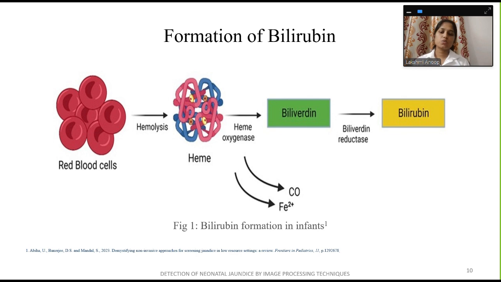The heme interacts with the macrophages, and then through heme oxygenase, this heme is converted to biliverdin, and then it is again reduced to bilirubin. This is how bilirubin is formed in infants, mainly in newborns.